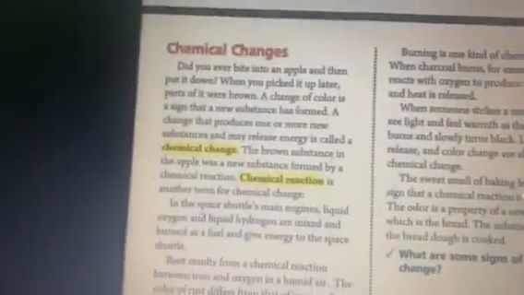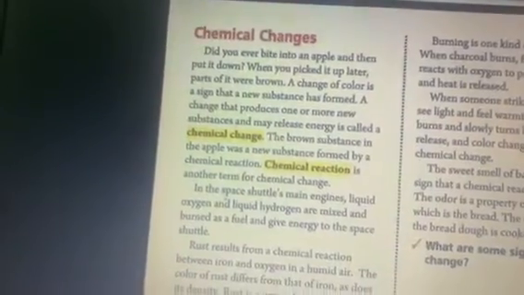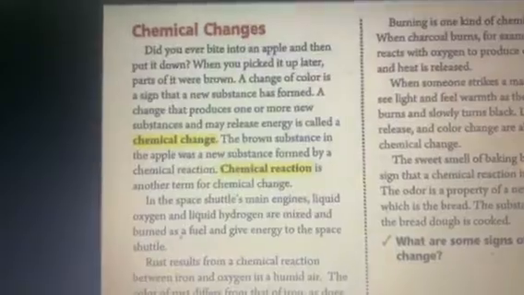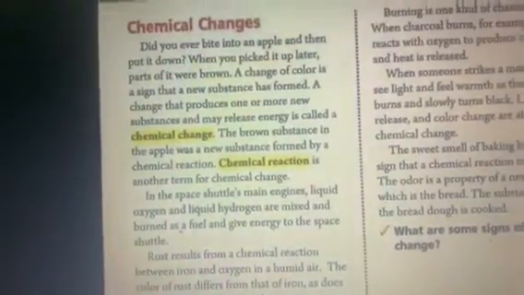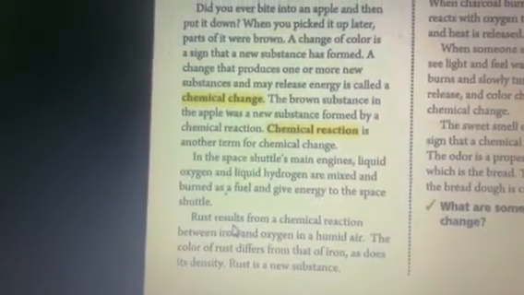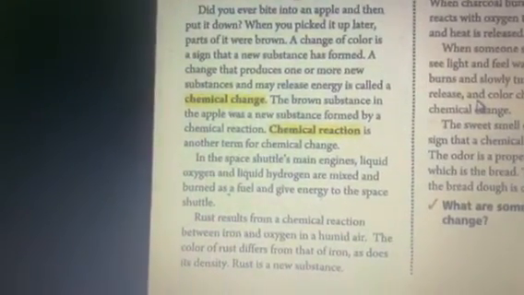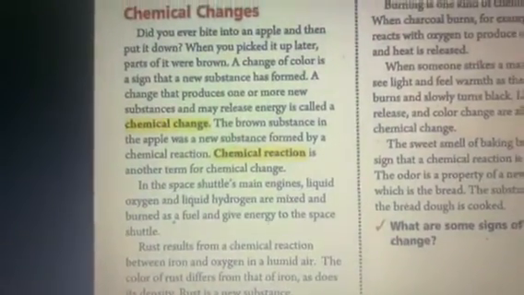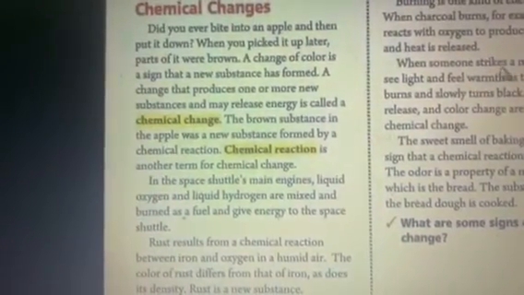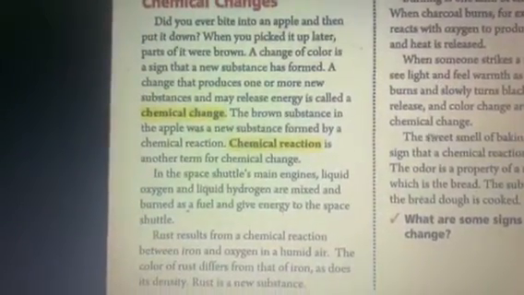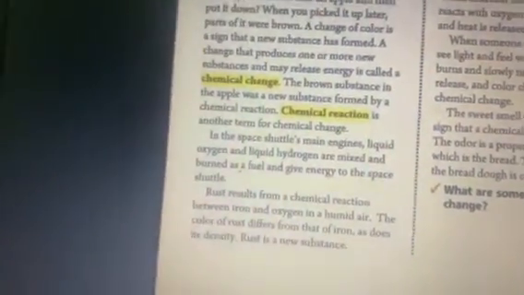We have signs of chemical changes like a change in color, and also rust and burning, also the smell of baking bread, and striking a match when light is burning. These are the signs of chemical reaction.